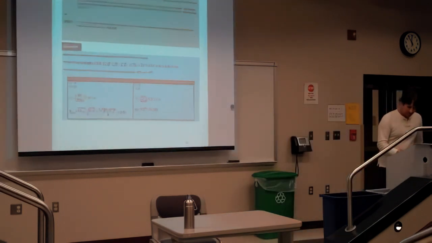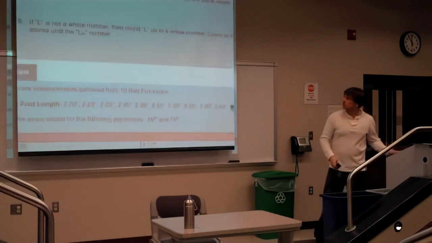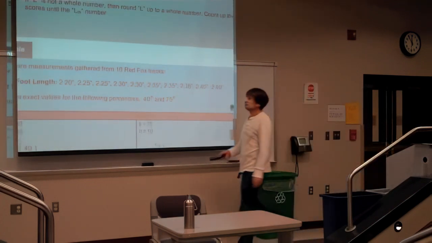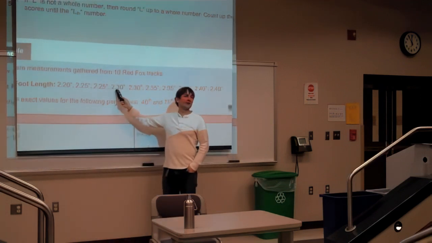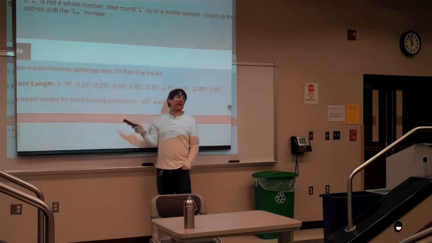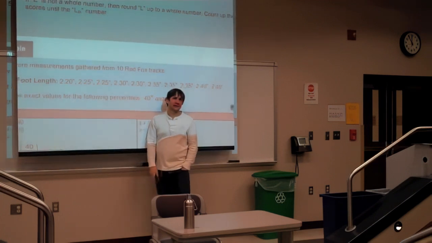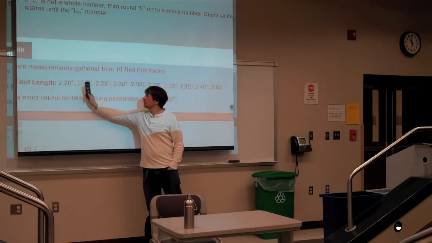So, the 4th score, we just count. 1, 2, 3, 4. This is the 4th score. This is the 5th score. But they're the same number. It doesn't matter. Don't be like, oh, I need the next highest score. You don't. You just need 1, 2, 3, 4.